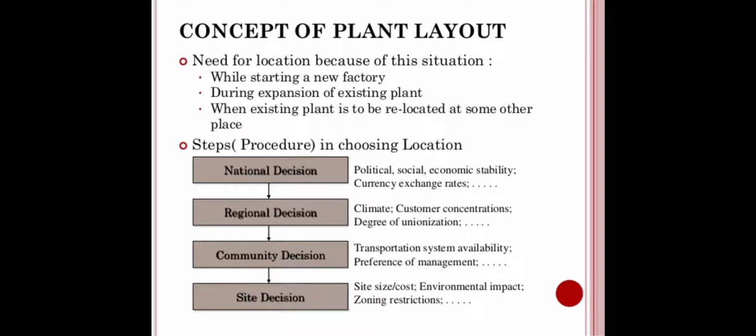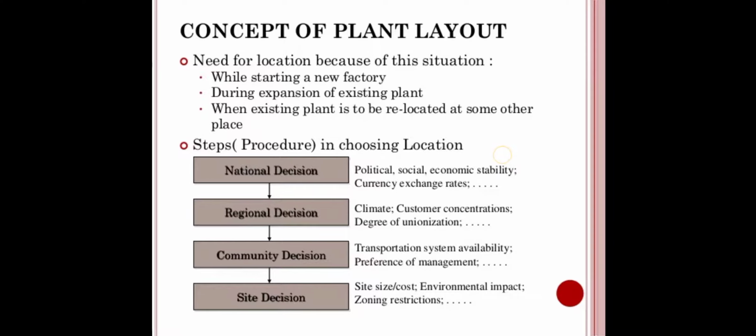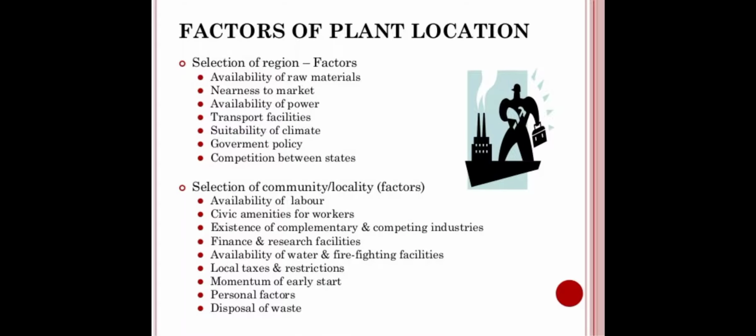Then the cost, of course: at what cost, what size of the area we can afford. Then environmental impact, zoning restrictions, what are the government policies in that particular location. It is very important. Now, what are the factors of plant location?